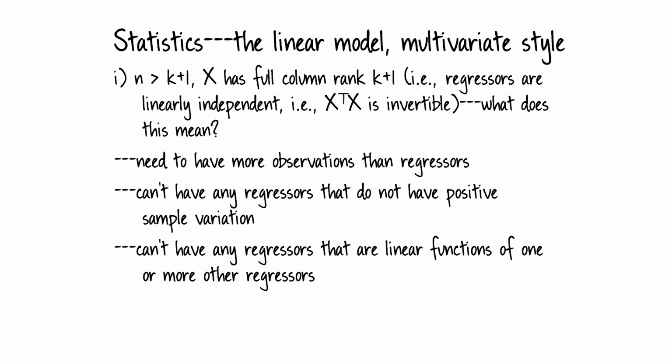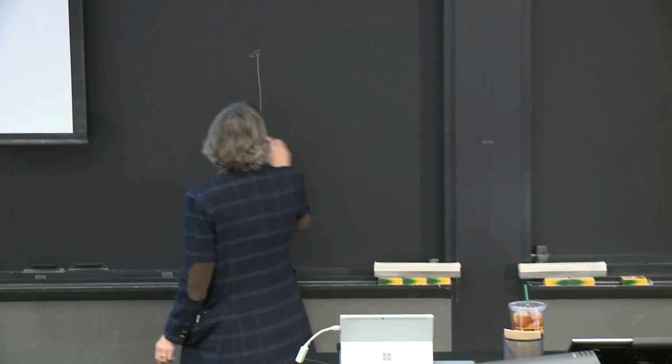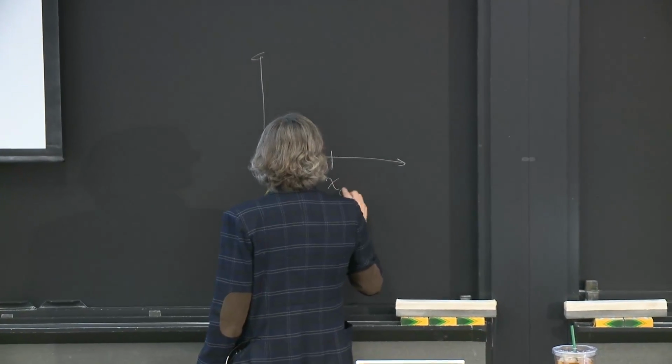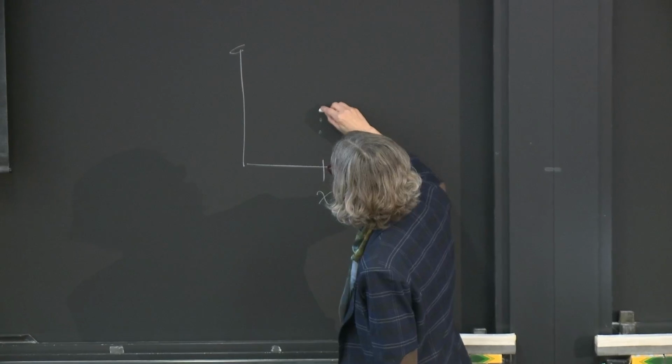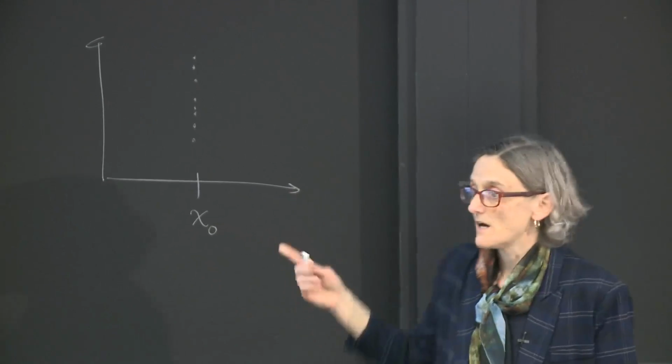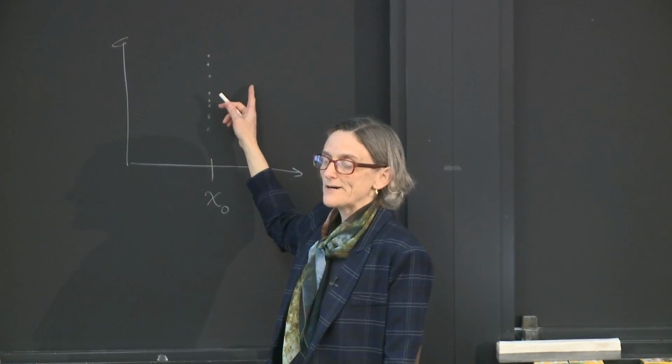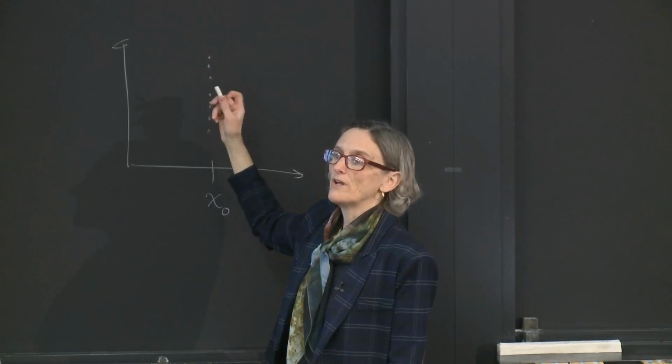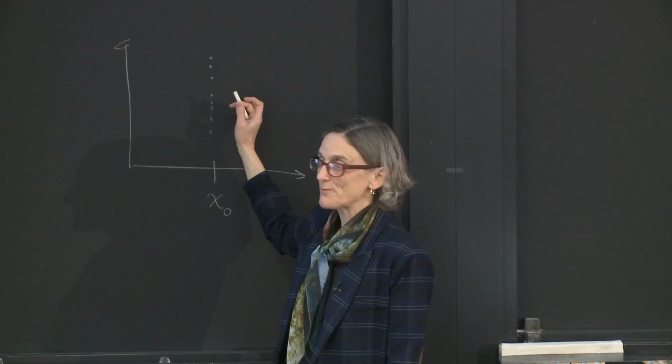We can't have any regressors that do not have positive sample variation. We saw this assumption in the bivariate case. Remember, I had a picture that looked like this, and I said if all of our observations are on the same value of x, we can't identify how the conditional mean of y changes with x.